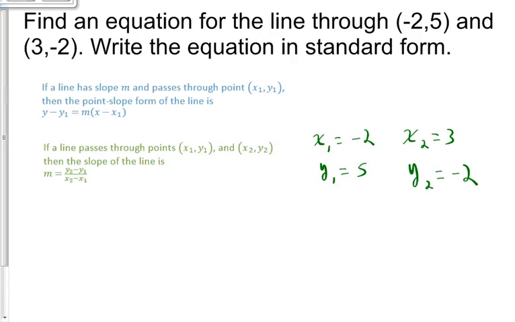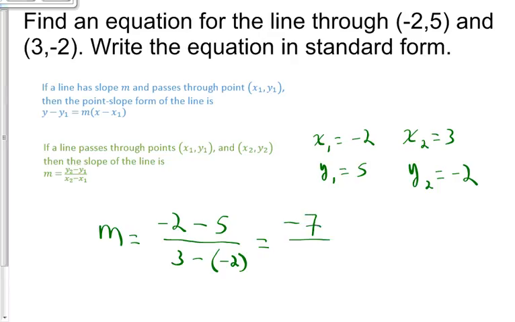If we want to find the slope m, the slope is going to be y2, which is negative 2, minus y1, which is 5, divided by x2, which is 3, minus x1, which is negative 2. So negative 2 minus 5 is negative 7, and 3 minus negative 2 is positive 5.